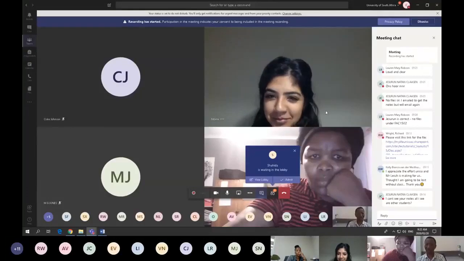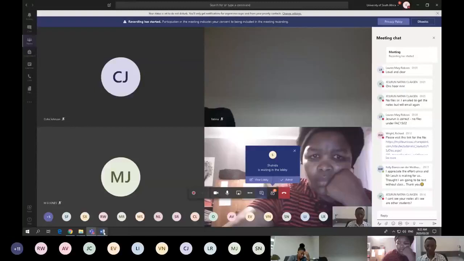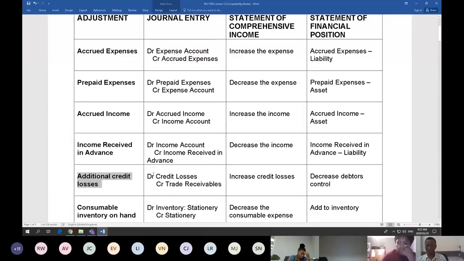So if we have more credit losses, your credit losses will increase. And to record that in the journal, you will have to debit your credit losses and you credit your trade receivables, your debtors. You are decreasing your debtors. Therefore, your trade receivables must be credited.